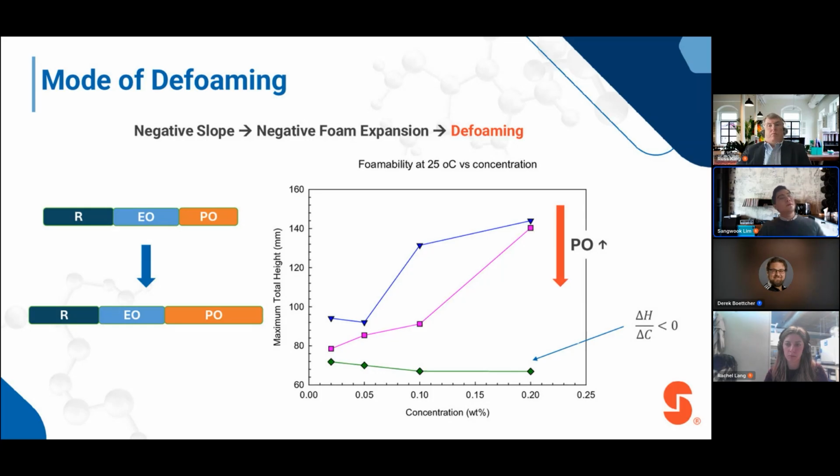So if you have a situation where you just have to knock the foam out, we have to use anti-foam. The low foam surfactant or defoaming surfactant does not replace the anti-foam. However, you can combine them together to increase the effectiveness of the anti-foam. What does it mean?